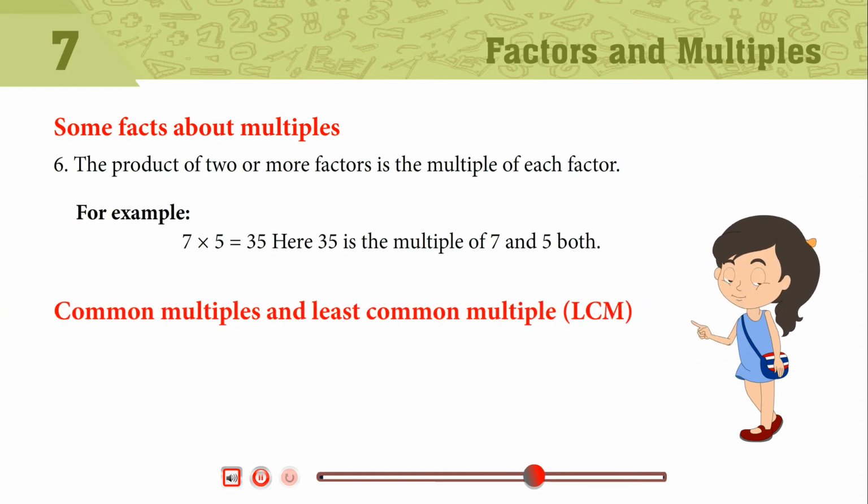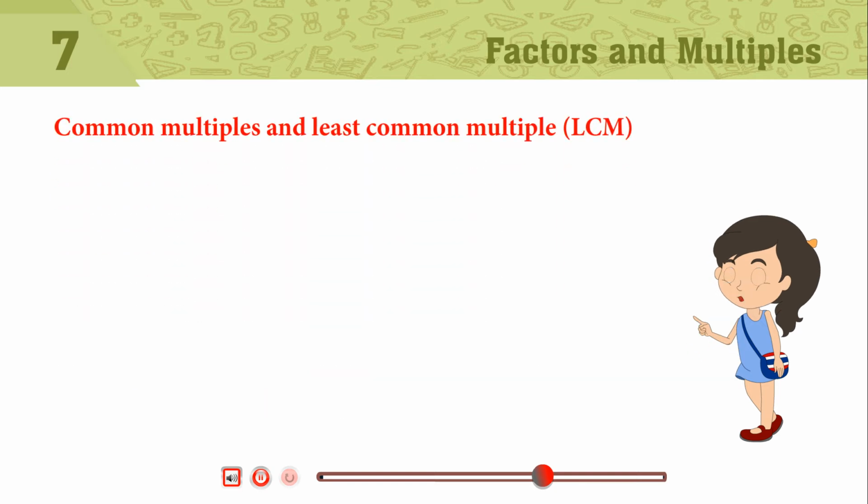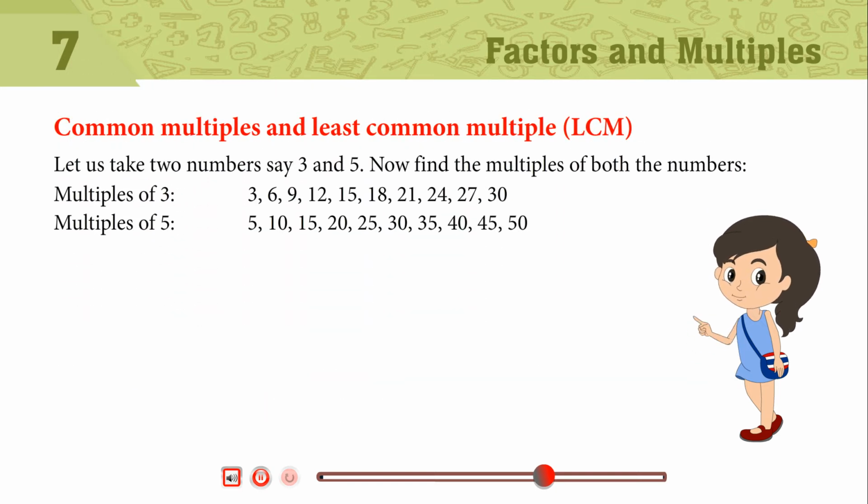Common multiples and least common multiple, LCM. The least common multiple, LCM, of two numbers is the smallest non-zero number that is a multiple of both. Let us take two numbers, say 3 and 5. Now, find the multiples of both the numbers.